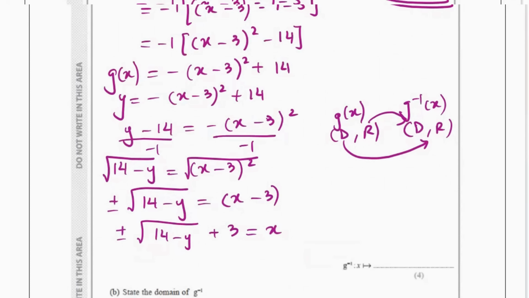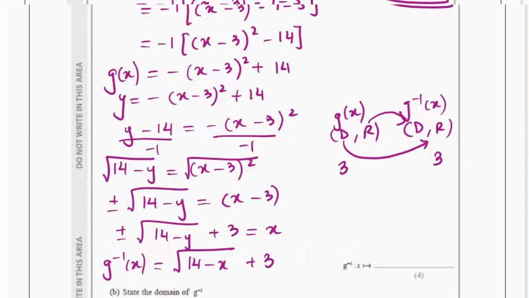Over here they said that the domain is greater than or equal to 3, which means the range is going to be greater than or equal to 3 for the inverse. Hence, for g inverse of x, we're going to take the positive root, because it's supposed to be greater than or equal to 3, not less than or equal to 3. So positive root of 14 minus x plus 3 is your inverse of the quadratic function.